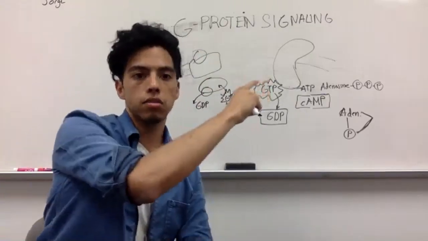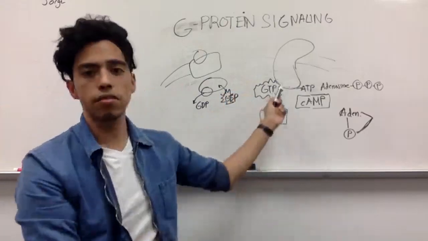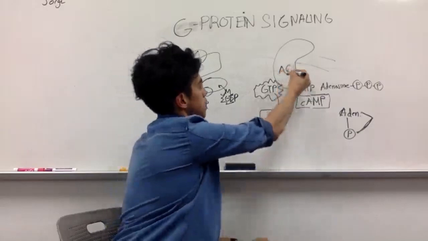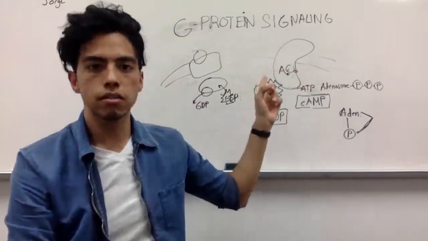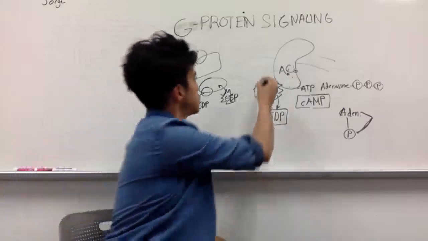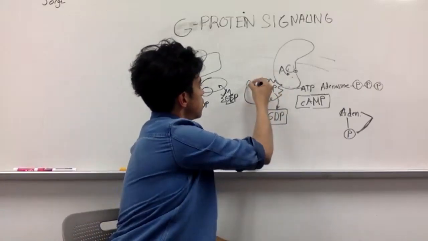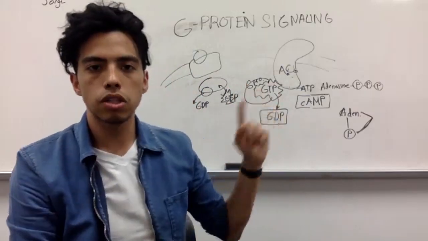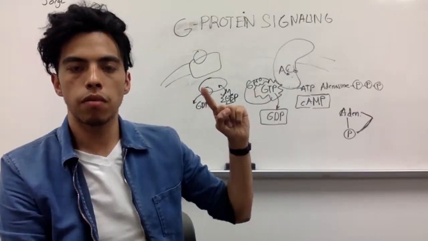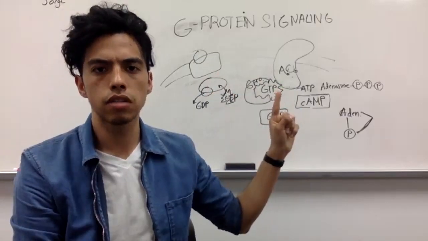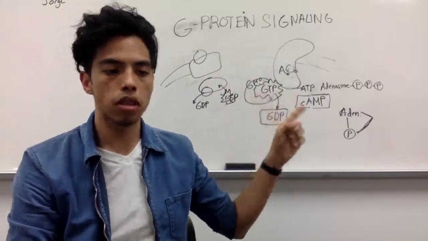The next step, this one over here, is different. We have adenyl cyclase, an enzyme. The G protein is going to go from over here, next to the GPCR, to the adenyl cyclase, and there it's going to come with the GTP.